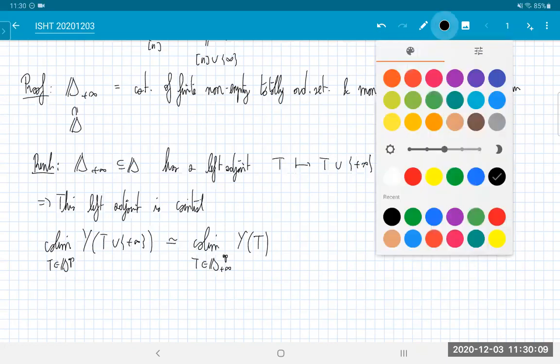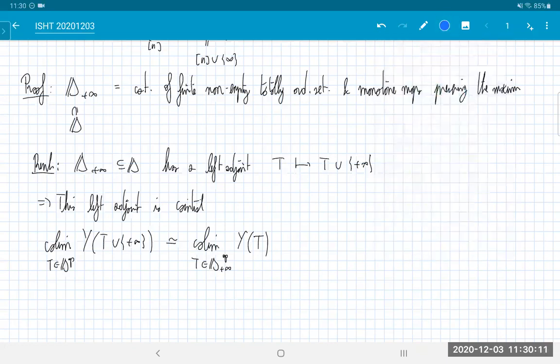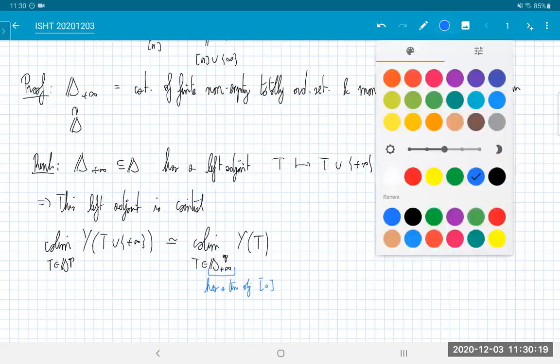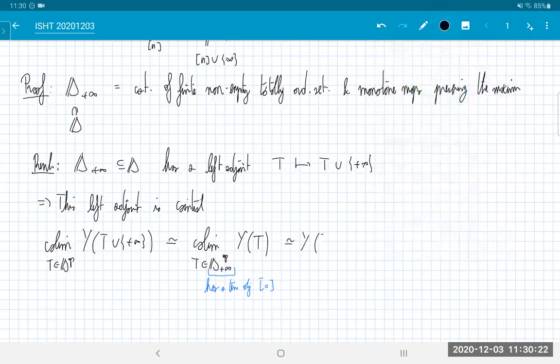But now this category has a terminal object, 0. And so this is just y of 0. It's a small trickery.